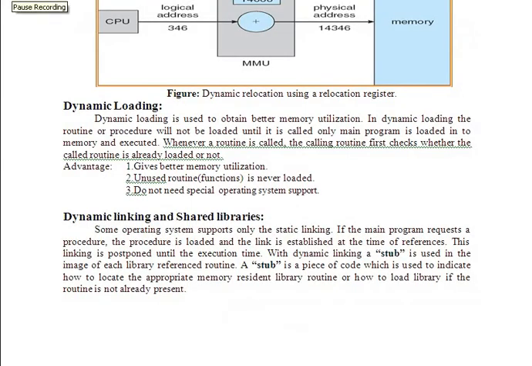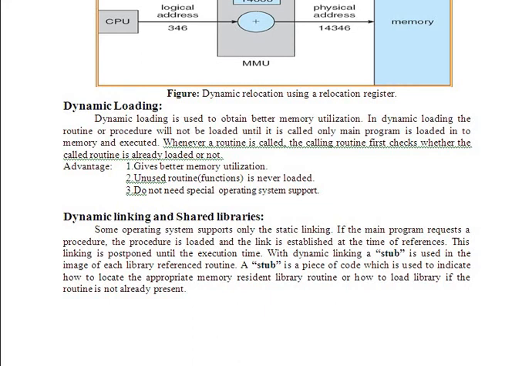Now we will see what dynamic loading is. We all know that in a program there are many functions and routines which we have written. All are not required at a time. So in dynamic loading, we only load the main program first. As and when functions are called, they will be pushed into memory and executed.